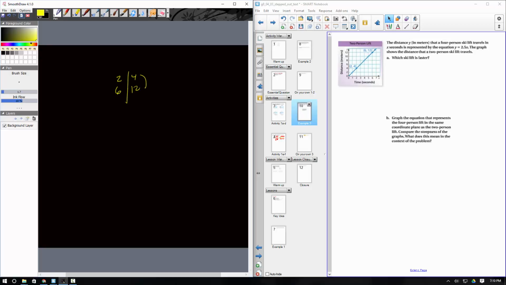This is going up by 8, and this is going up by 4, so it would be 8 over 4, which equals 2 over 1. So this one is going up 2 over 1. This one goes up 2.5 over 1. So this 2.5 one would actually be faster, I would think.